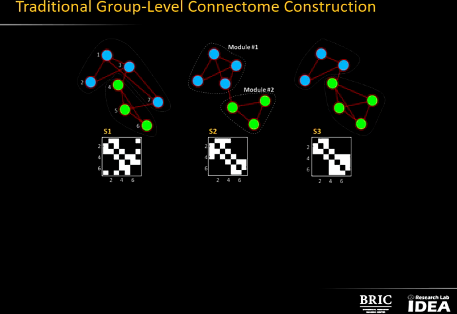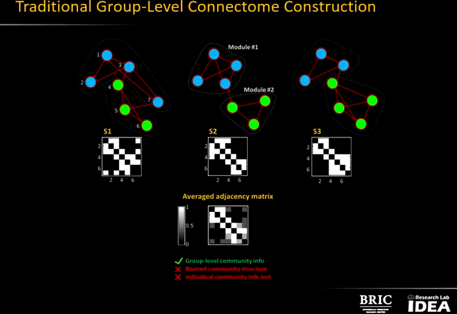Traditionally, for example, we have 3 subjects, and each subject has a different functional connectivity matrix. To get the group level functional connectome, we have to make a group average. And you can see that in the average adjacency matrix, the functional connectivity is very blurred, which is not very good for a development study.